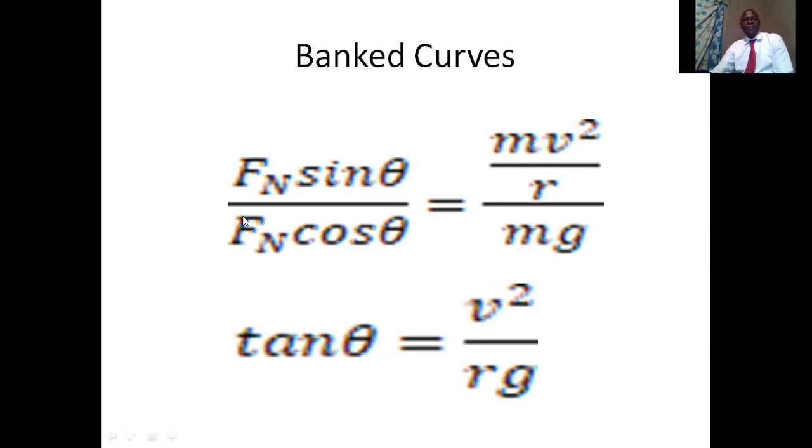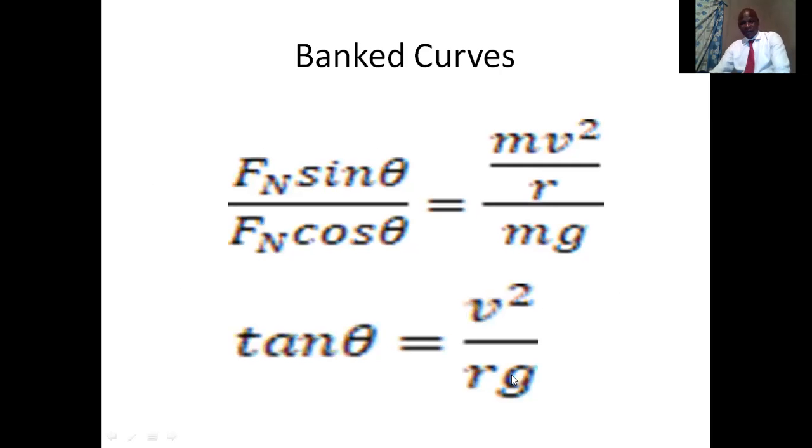It means that the normal force will cancel, and we would remain with sine theta over cos theta. And from trigonometric identities, we know that sine theta over cos theta is equal to tan theta. And if we simplify this one, the mass will disappear. We are going to remain with tan theta equal to velocity squared over the radius multiplied by acceleration due to gravity.